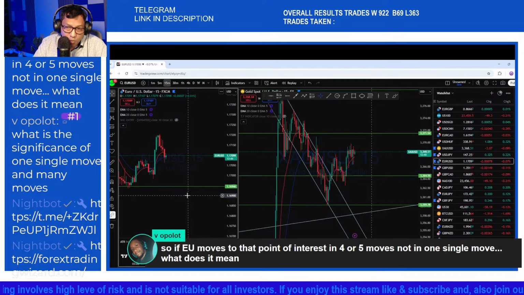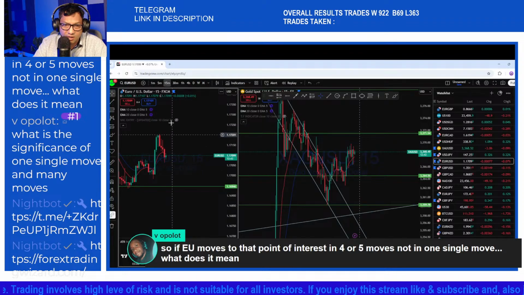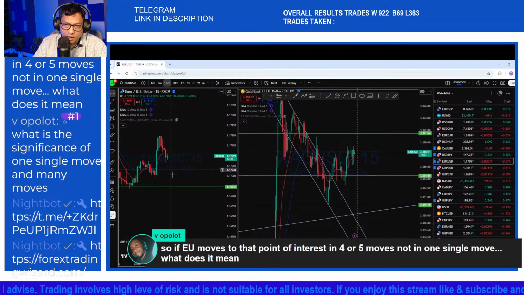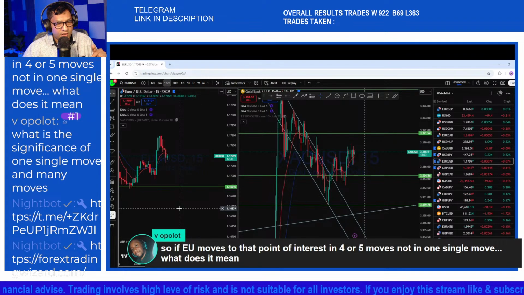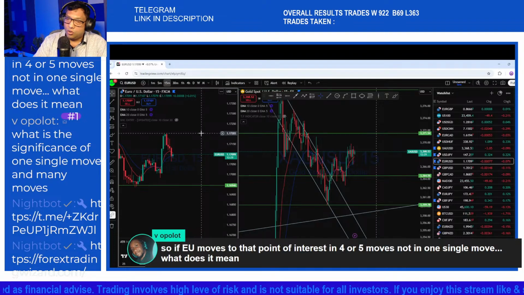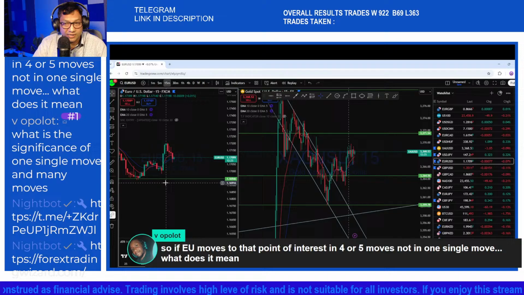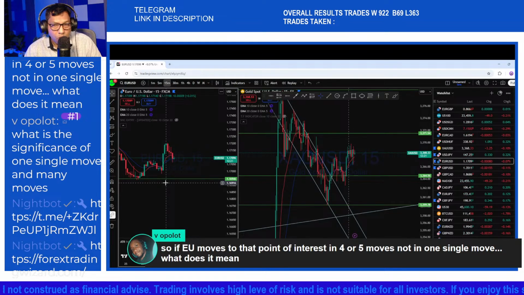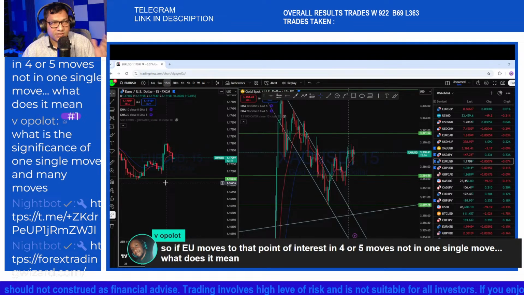If the market moves with one single move, okay, that one single move, and also multiple moves, right? So with multiple moves you can also expect exactly the same kind of results if that move doesn't have any pullback. That's the secret.